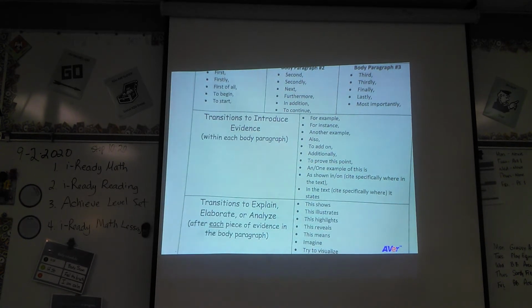Remember, you have 2 to 3 pieces of evidence that you want to present. You don't want to just present one. That makes for a very weakly supported main idea. 3 is kind of like a magic number. 3 body paragraphs, 3 pieces of evidence. It's very sturdy, like the tripod that's holding up this camera.